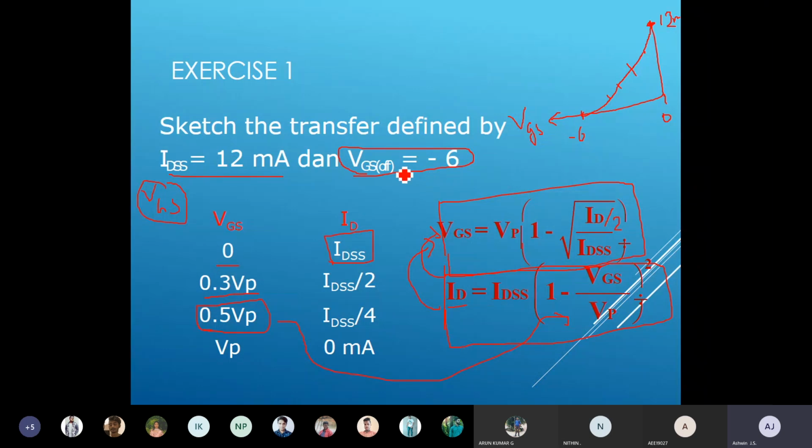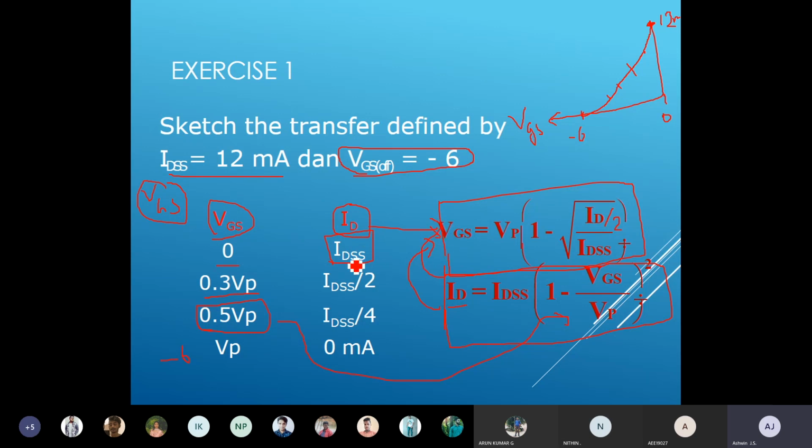So what is your maximum VGS value? It is -6, right? I will keep the ID, and then I will calculate the VGS from this equation.